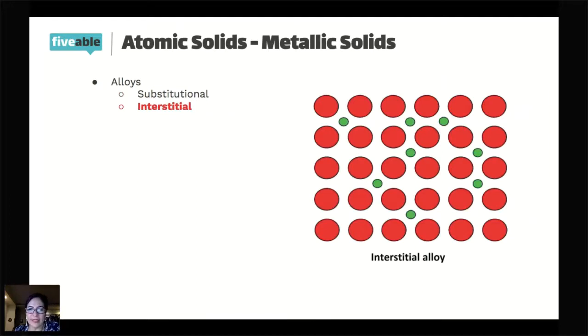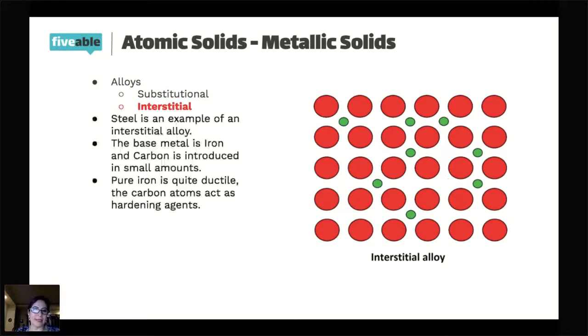Okay, interstitial, as I mentioned, is where we introduce atoms of other metals or other things that fill the gaps. For example, steel is an interstitial alloy, and the base metal is iron, so iron will be represented by the red spheres. And carbon is not a metal, as you know, it's a non-metal.